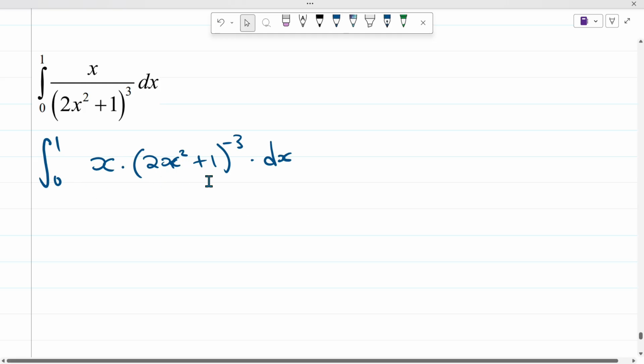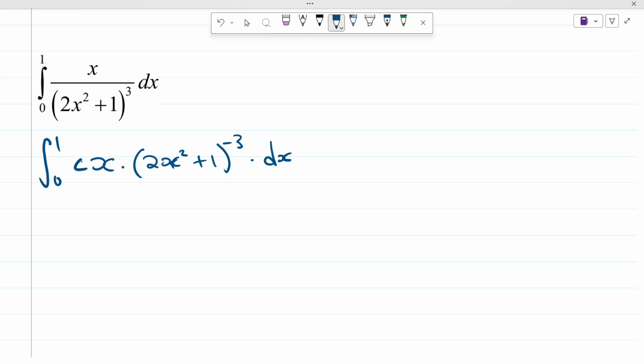So what's going to happen here is that if we let 2x² plus 1 be our f of x, then can this be our f prime of x? Yes, but it's incomplete because when we differentiate 2x² plus 1, we get 4x. So there is a missing 4 here.